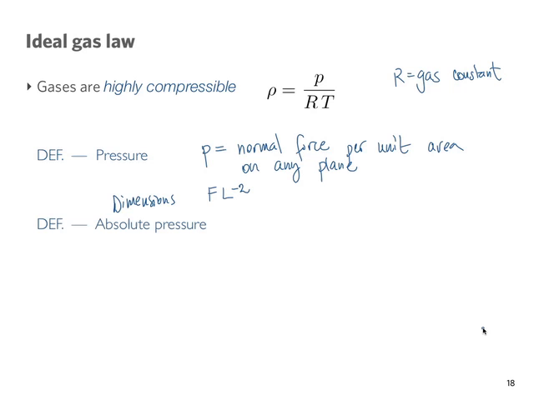So the SI units for pressure and the same for stress are Newton divided by meters squared, which has a name. We call it the Pascal. 1 Newton per square meter is equal to 1 Pascal.